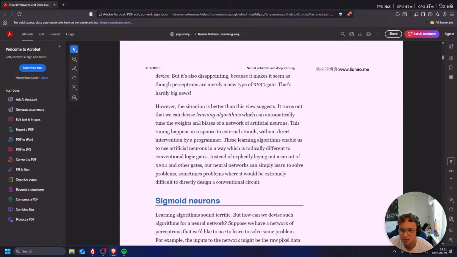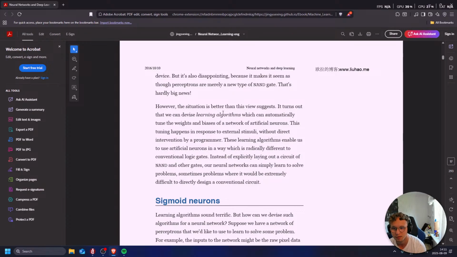However, the situation is better than this view suggests. It turns out that we can devise learning algorithms which can automatically tune the weights and biases of the network of artificial neurons. This tuning happens in response to external stimuli without direct intervention by a programmer.